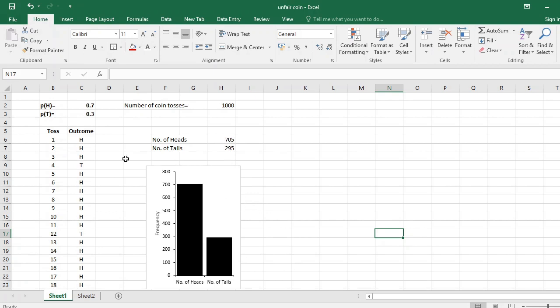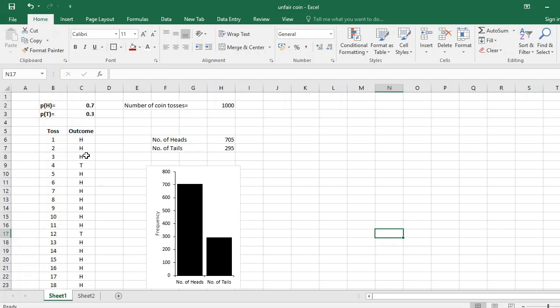So everything about the simulation and the formula that you have used to simulate this unfair coin appears to be all right.